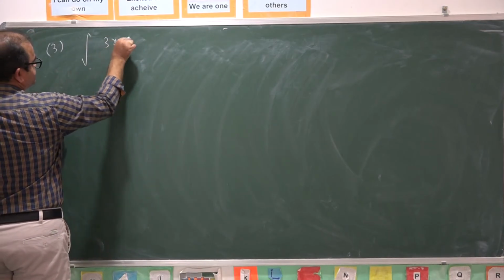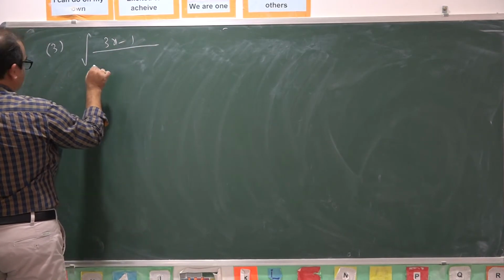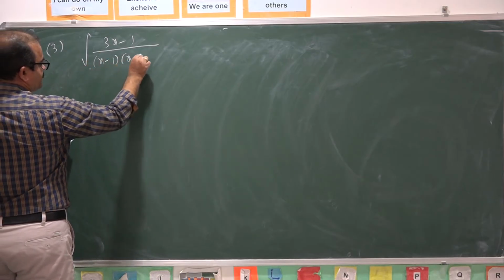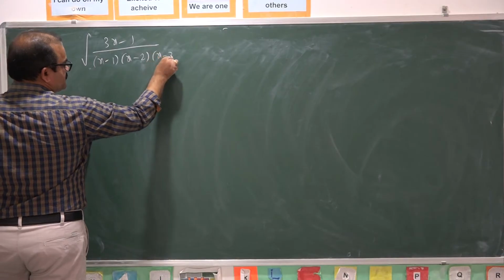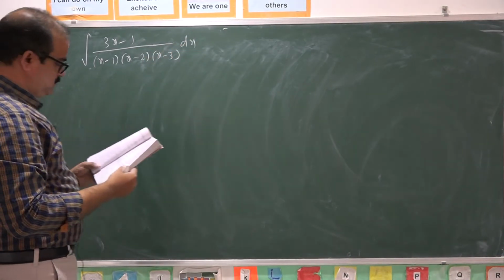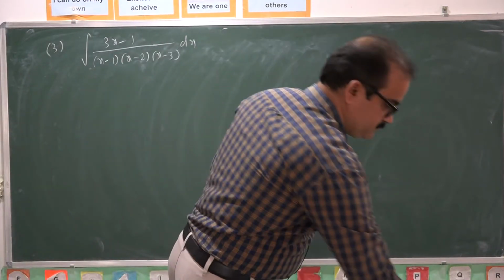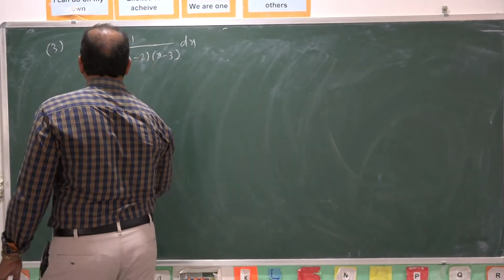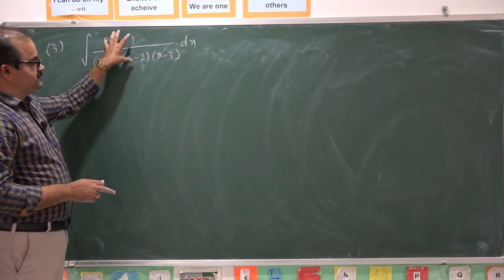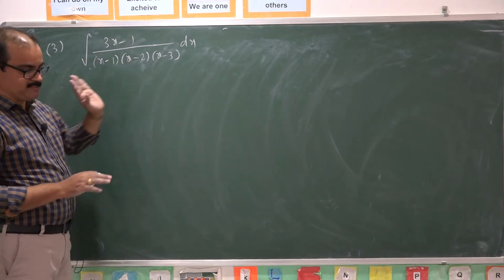Integral (3x minus 1) by (x minus 1)(x minus 2)(x minus 3) dx. First, resolve this function into a sum of partial fractions.